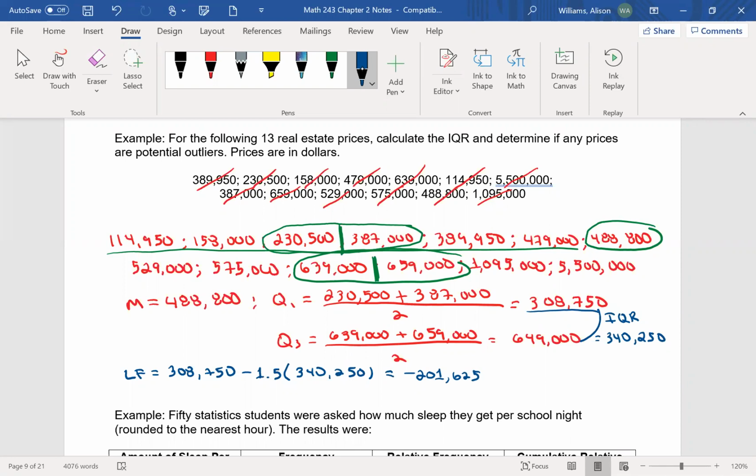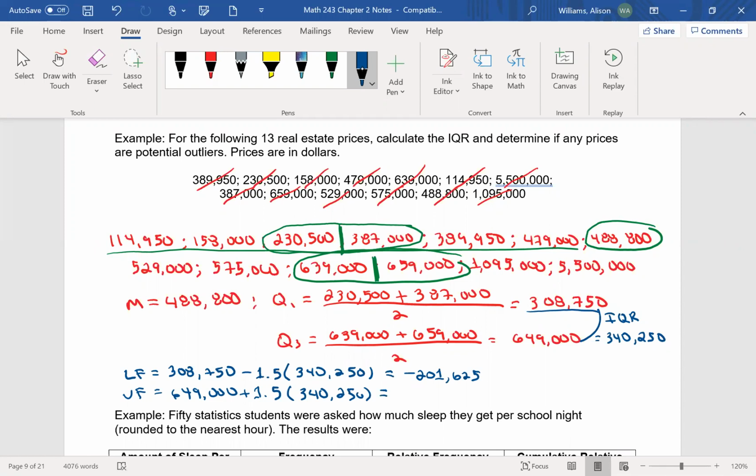What that means is in this data, there is never going to be a low end outlier. Okay, based on this data, there's no number small enough to be an outlier just based on where all the numbers are grouped up. But it is possible for there to be an upper outlier. So for that one, we take Q3, 649, and add 1.5 times 340,250.